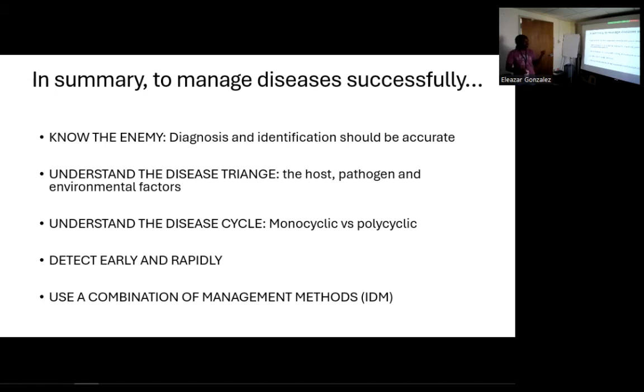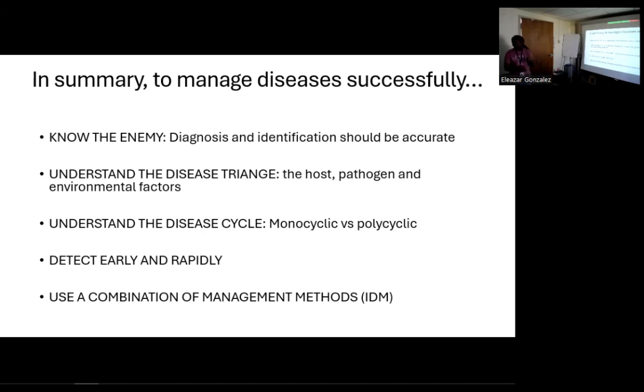And the disease cycle: is this a monocyclic disease, one that will only have one cycle in the growing season, or one that could keep recurring? I think brown rot could have many cycles in the growing season because there's so much inoculum. And then detect early. That's why scouting is important, because as soon as you see the slightest symptom, just take it out.